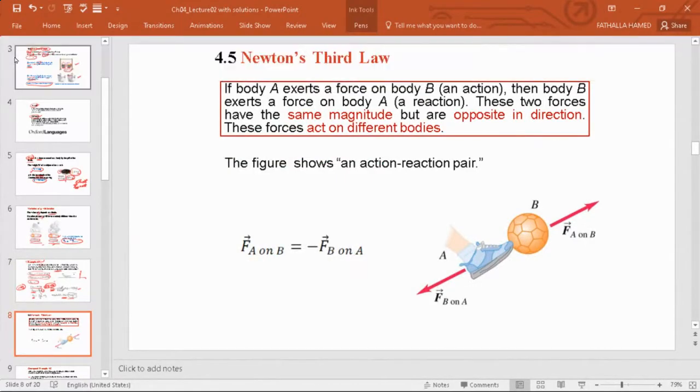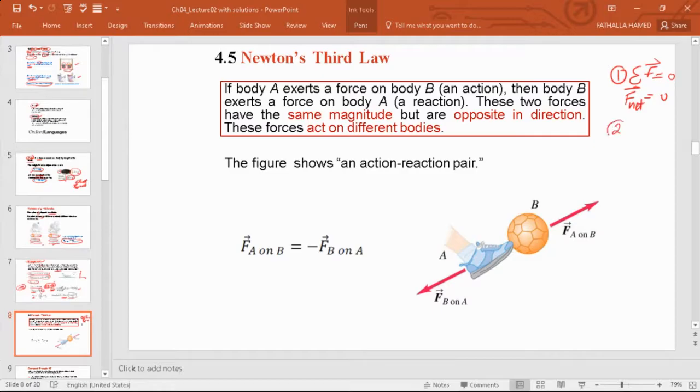Newton's third law. We did Newton's first law, and we did Newton's second law in terms of mathematical format. The first law says that the summation of the force is equal to 0, or we can say that if the net force is equal to 0, and we said this is the law of inertia, Newton's first law.